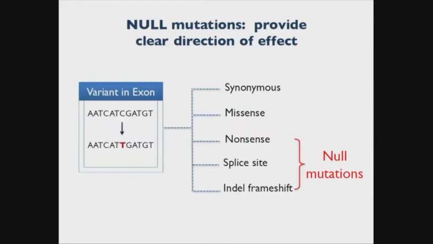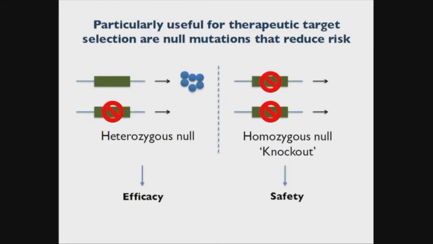And there's a specific type of mutation that's actually very useful. These are mutations that completely disrupt protein coding genes, so-called null mutations, and these mutations provide clear direction of effect. Because they either lead to a nonsense mutation, splice site, or indel frame shift, and they decrease a gene's function. And there are two types of scenarios we're often looking for. One is a case where one copy of the protein is gone, so-called heterozygous null situation.